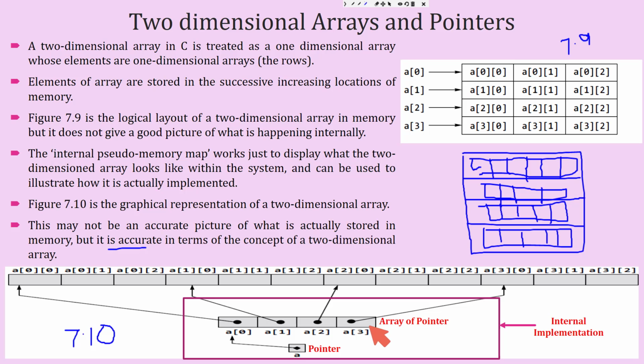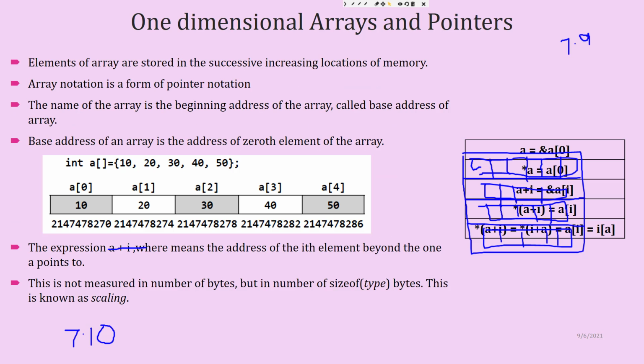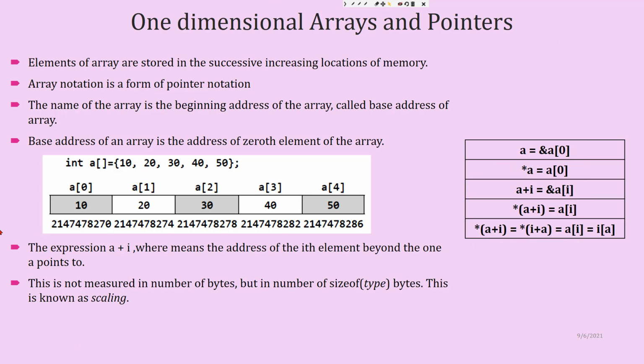So earlier we studied, I will go back to that slide. There I told you there will be a pointer called A, which has the same address as the first location, that is, the address of the first element.